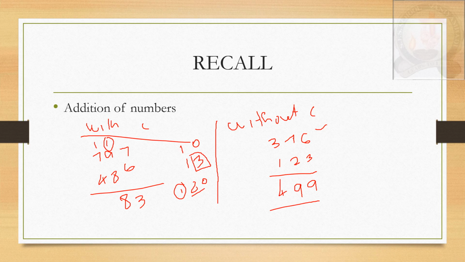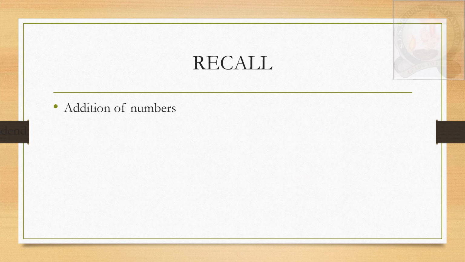Now 1 plus 7 is 8, 8 plus 4 is 12. For 12 you write 12 as it is. You can ask why we didn't carry here: because there is no number after the 7, so we need not carry. So this is the answer. This is the example for with carrying.